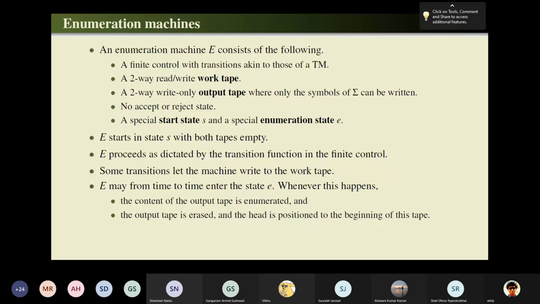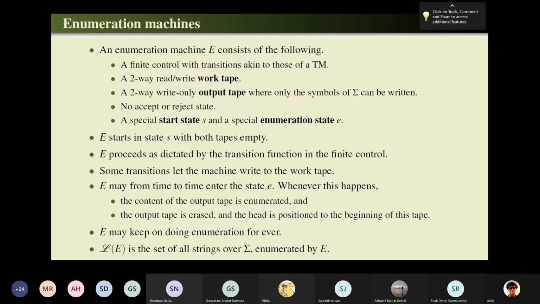This machine keeps on doing this. Once again, it jumps to some non-enumeration state, writes something on the output tape, and may go to E and enumerate that other string. So we may keep on doing this enumeration forever. And the language of E is the set of all strings enumerated by this machine E.